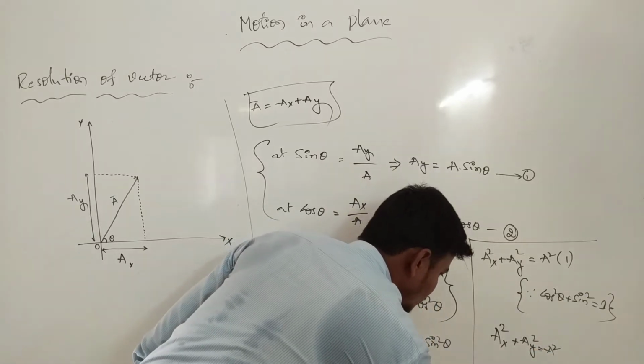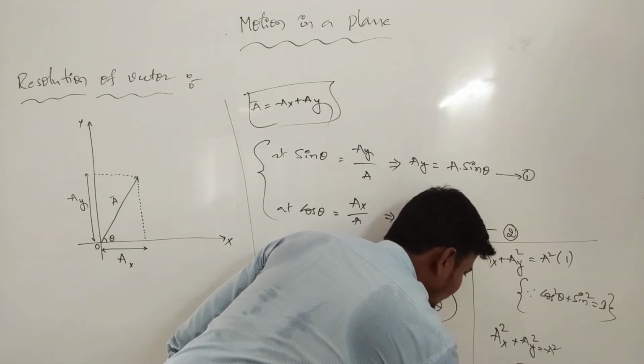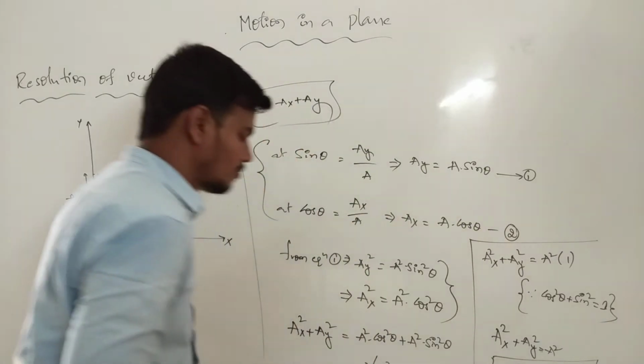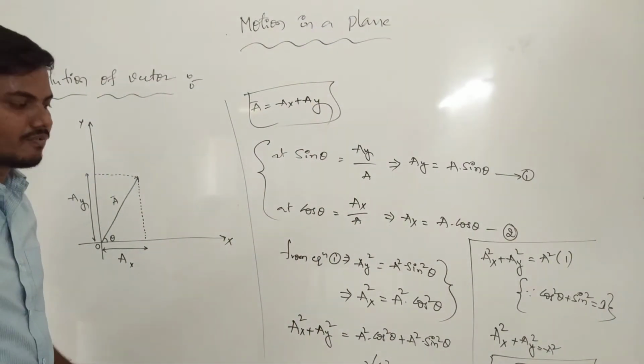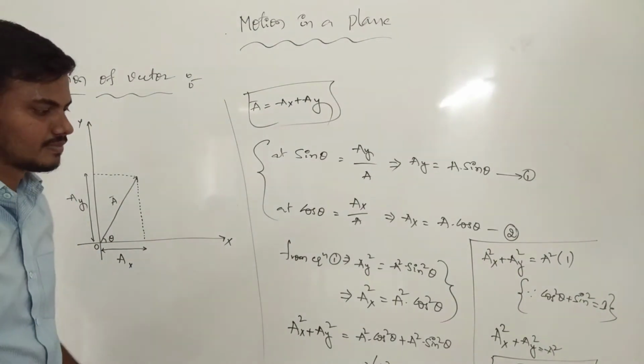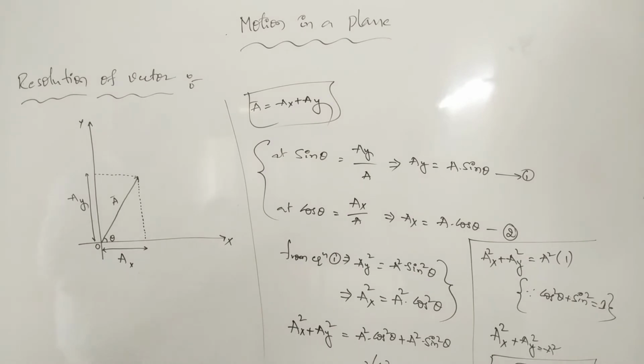Now A is equal to square root of Ax square plus Ay square. Now this is the magnitude of resolution of vector. Clear one?